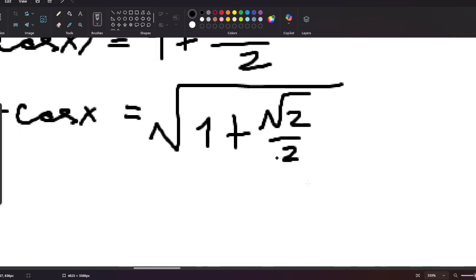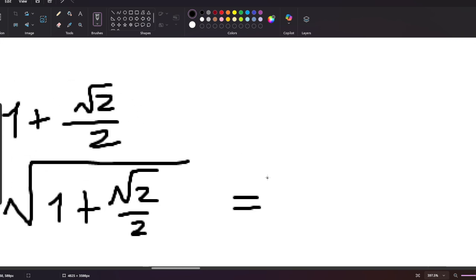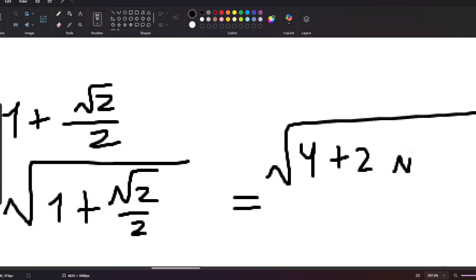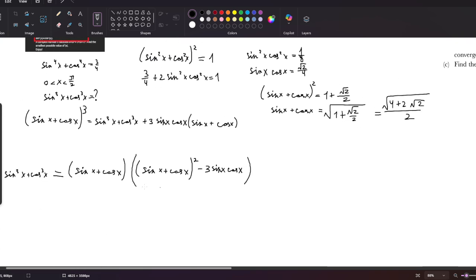And I don't like this form. Let's write it down differently. Let's write it down as 4 plus 2 square root of 2 over 2. Now we just need to calculate this over here.